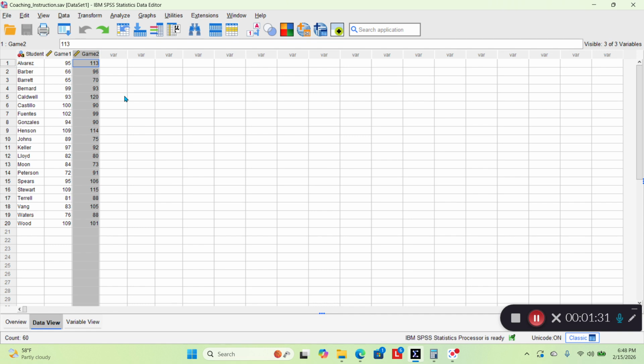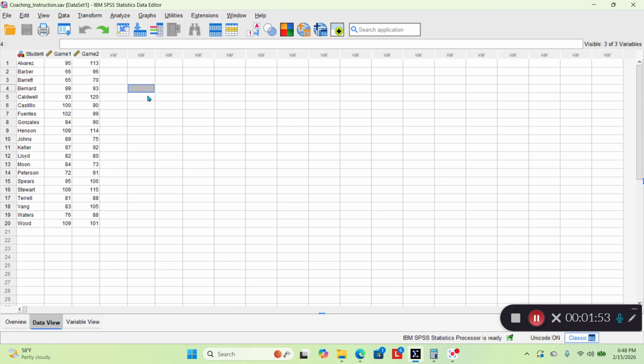And the main point is going to be the coaching difference between that two, going from game one to game two. Our null hypothesis is going to be there is no significant difference in bowling scores between game one and game two. And then our alternative hypothesis is there is a significant difference in bowling scores between game one and game two.